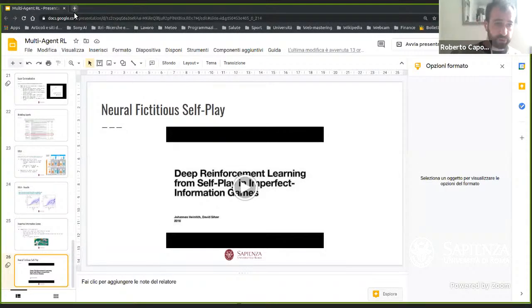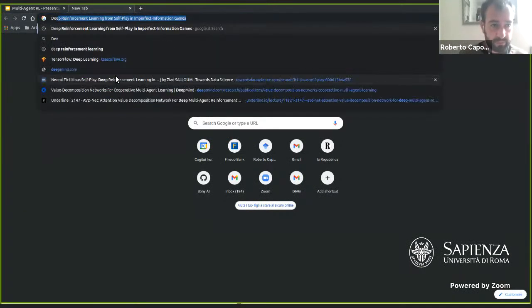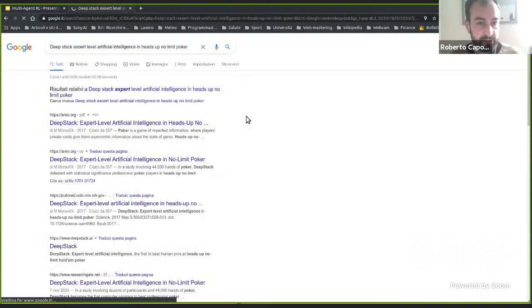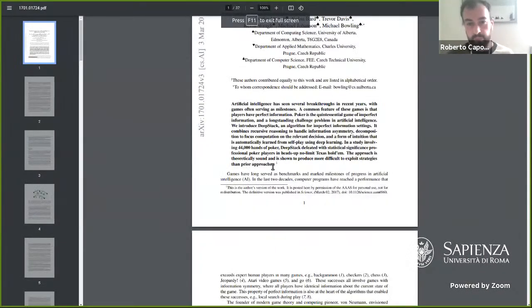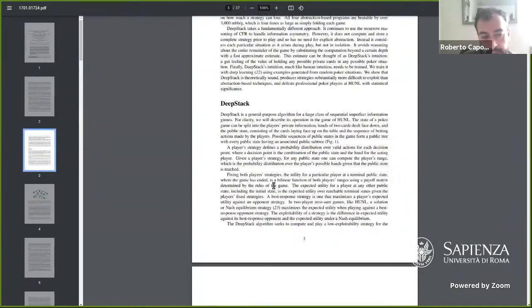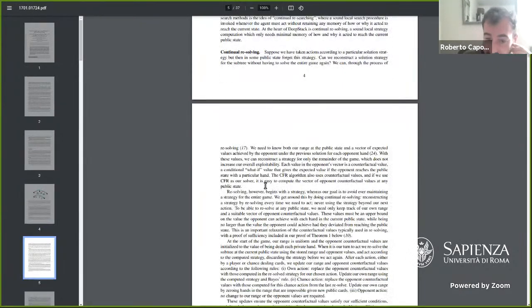I want to see if I can at least show you the paper from Mike Bowling, DeepStack. Okay, this is the paper that I was mentioning, and it's one of the best computer players at poker, which has been beating humans quite a bit.